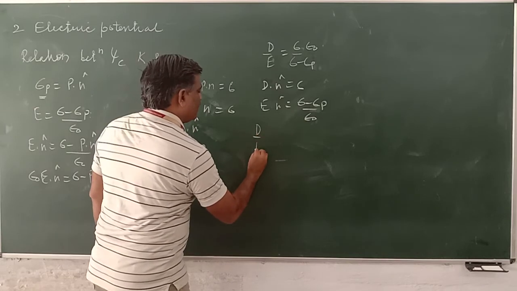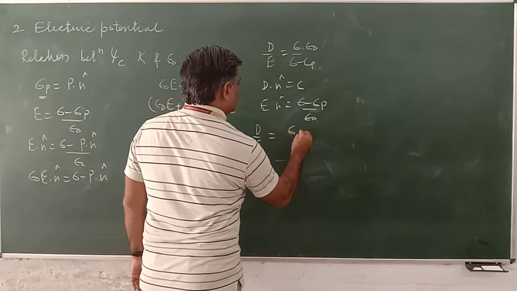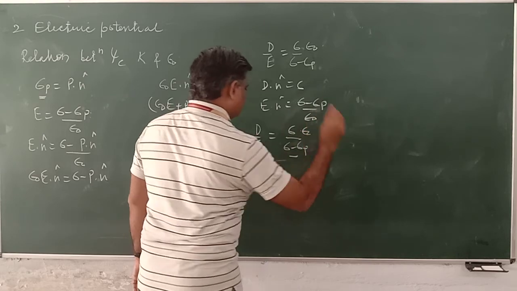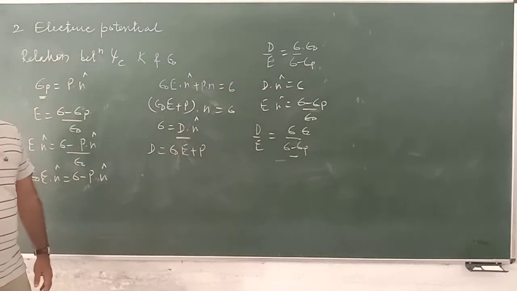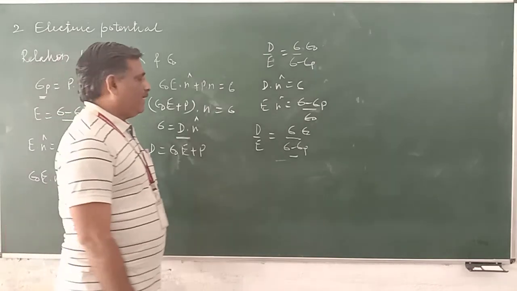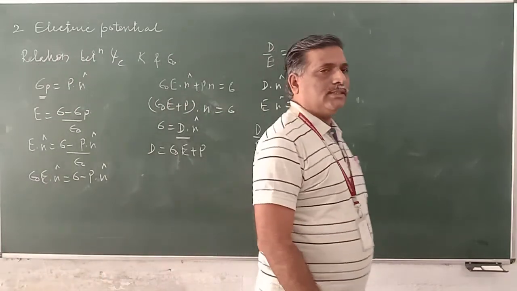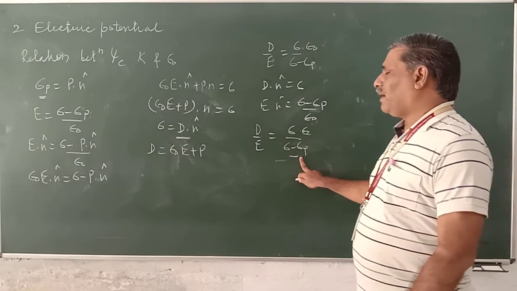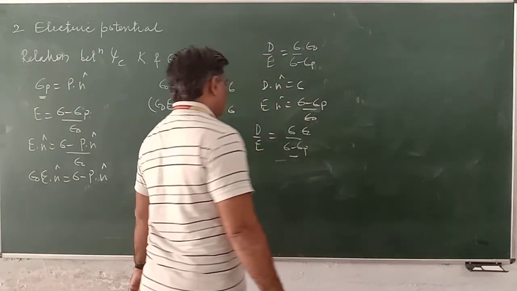When we take D by E, it becomes sigma divided by sigma minus sigma p, times epsilon 0. This is our relation.